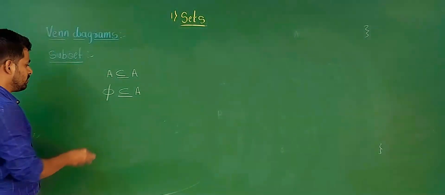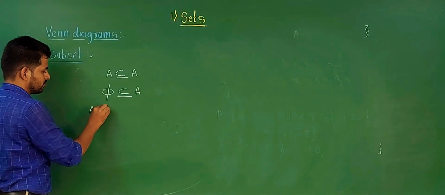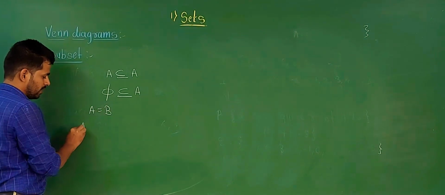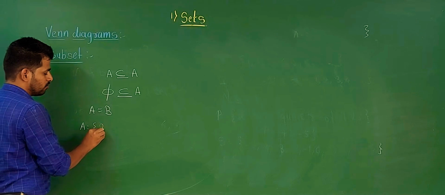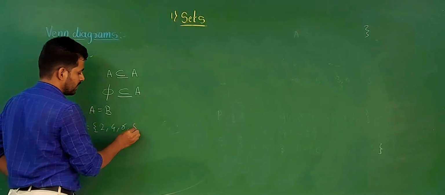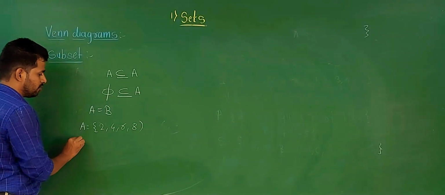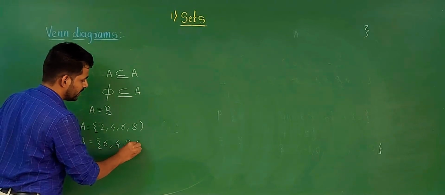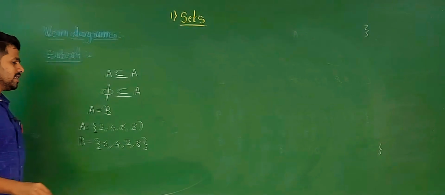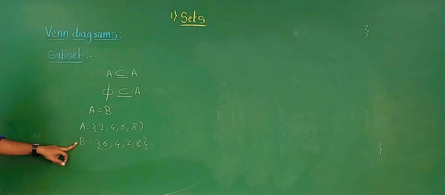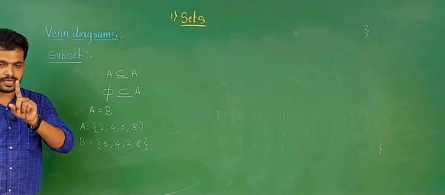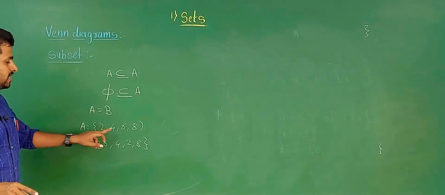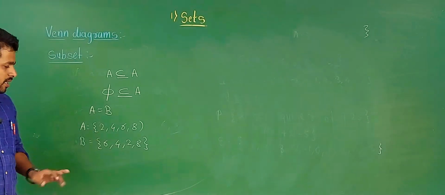Next one, if A is equal to B. For example, suppose we take A is equal to 2, 4, 6, 8, and B is equal to 6, 4, 2 and 8. So these two sets are equal. Equal sets mean the number of elements are equal as well as each element is present in the other.